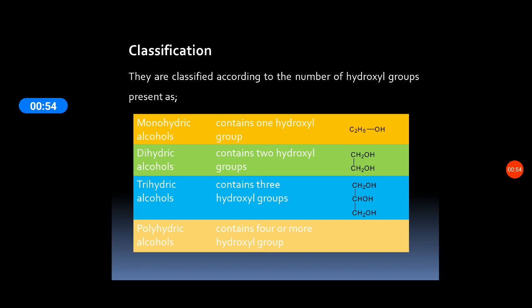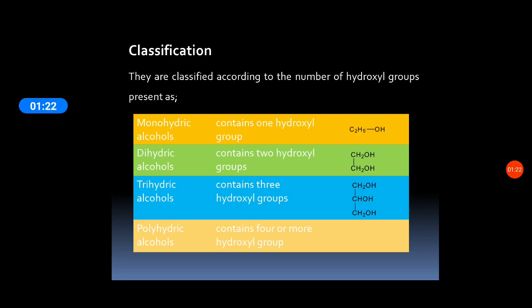Classification of alcohols. The classification is according to the number of hydroxyl groups present. Monohydric alcohols: the name itself indicates monohydric means one. It contains one hydroxyl group. For example, C2H5OH, ethyl alcohol.